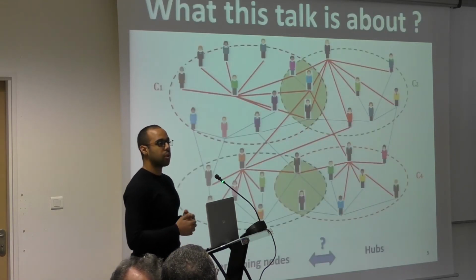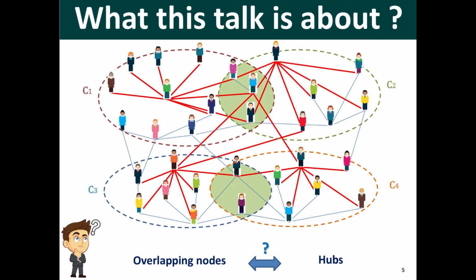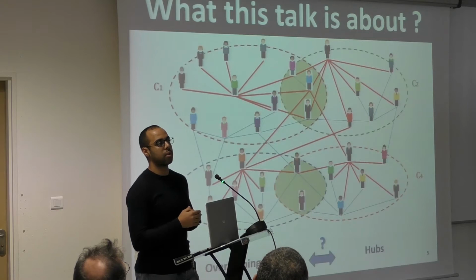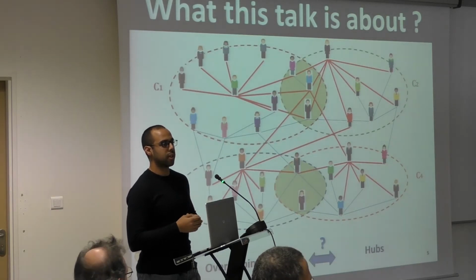So our objective in this talk is to study the relationship between the overlapping nodes and the hubs, because this will give us a new perspective on how the communities are organized.